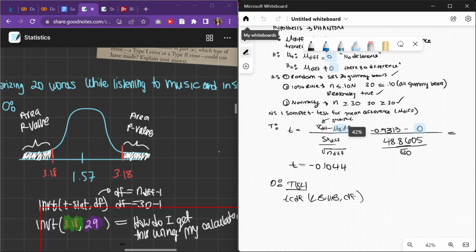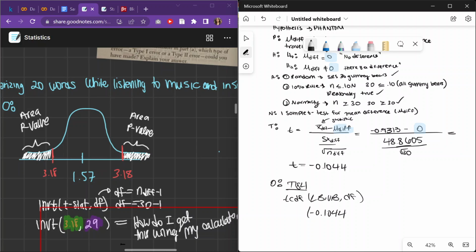So it is a two-tailed test, and so, let me think. Your lower bound in this case would be negative 0.1044. It would be infinity. No. Lower bound, that would be your upper bound because it's negative. Let me think. Negative infinity, which is negative 1e99, upper bound, negative 0.1044.